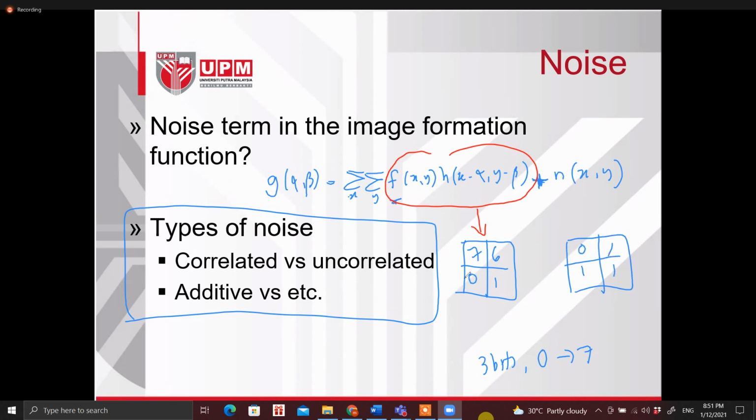You see, because it's independent from the left side, and this noise term comes from here. Since this is an addition, the output image that you'll get is 7 plus 0 is 7, 6 plus 1 is 7, 0 plus 1 is 1, 1 plus 1 is 2. So this is the output image after it has been corrupted by noise.